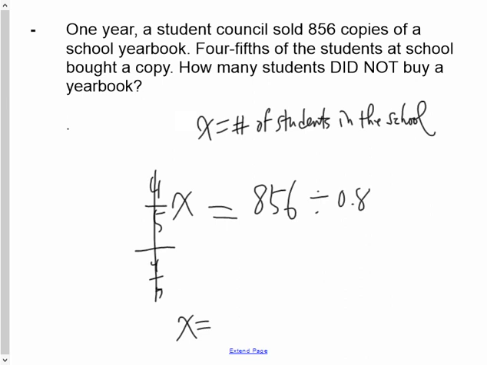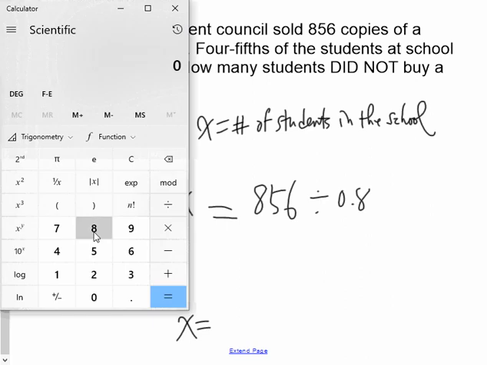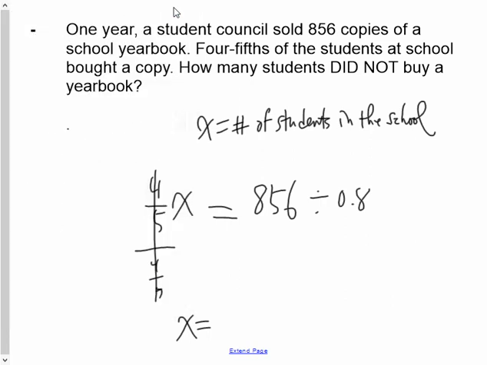And then that way, I don't have to use fractions at all. I can just use a calculator. 856 divided by 0.8 is equal to 1,070. So therefore, there are 1,070 students in the school, because that's what I define my variable as.